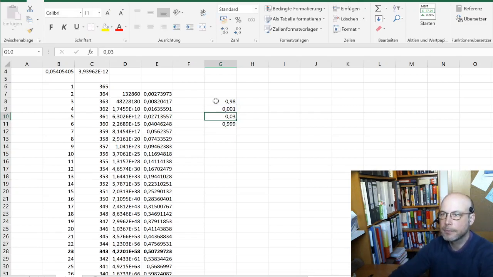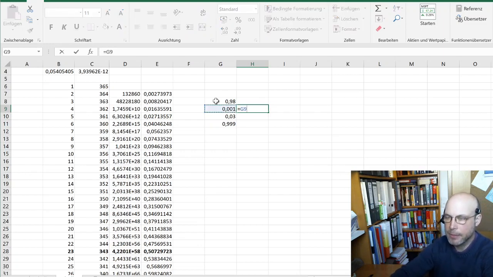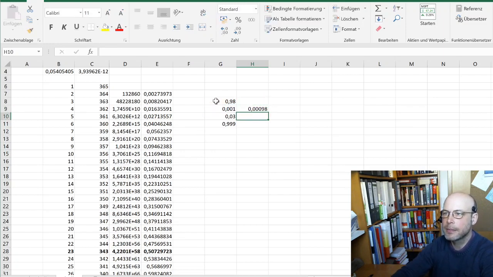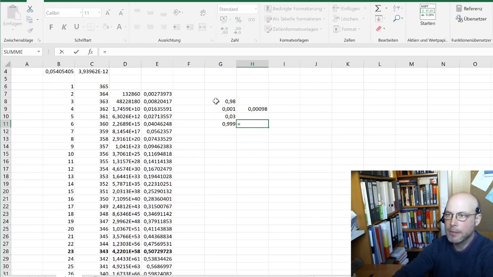And then first P of B given A times P of A is this times this, and we need P of B given not A times P of not A, which is this times this.